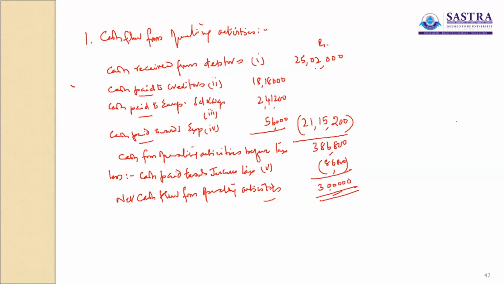So from the receipts of debtors, all the payments have been adjusted, paid towards creditors, wages, expenses, and from the balance, tax paid is adjusted, and the net cash flow from operating activities has been arrived at.